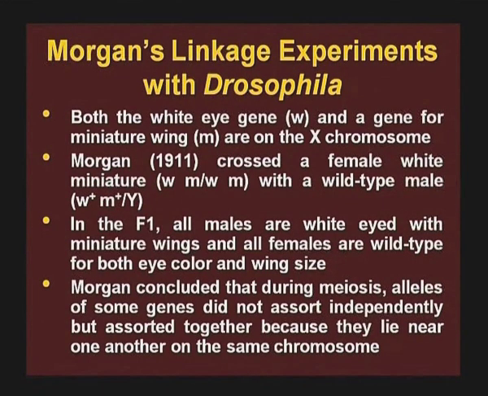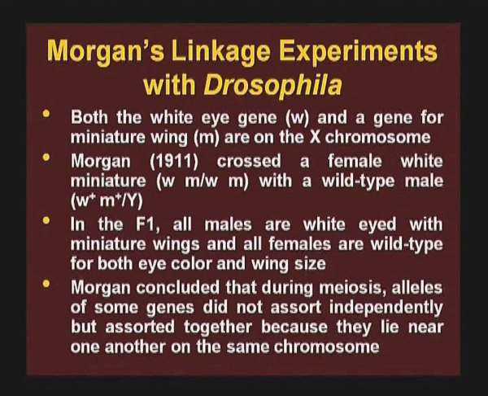Morgan in 1911 crossed a female white miniature with a wild type male. In the F1, all males are white eyed with miniature wings and all females are wild type for both eye color and wing size. Morgan concluded that during meiosis, alleles of some genes did not assort independently but assorted together because they lie near one another on the same chromosome.